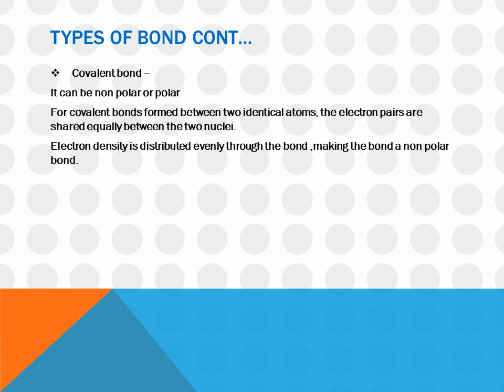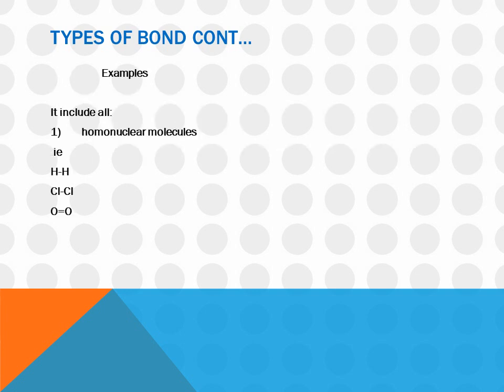We have examples. Example 1, we have a homonuclear molecule. This consists of hydrogen-hydrogen bond, chlorine-chlorine bond, oxygen-oxygen bond.